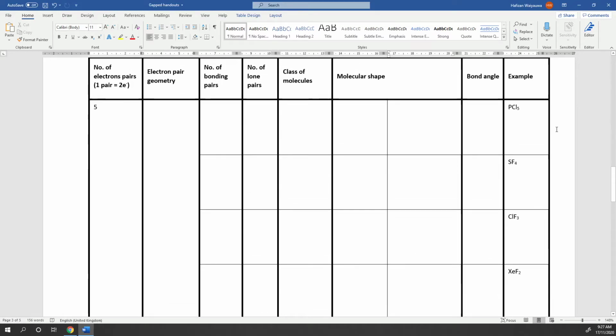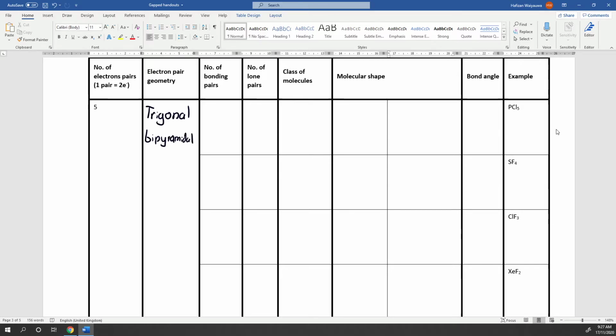So, kalau 5, okay, sekarang dah tak ada answer kan? Kalau 5, apa nama dia? Trigonal bipyramidal. Yes. Okay. For the nama, you guys have to hafal. Linear first, and then trigonal planar, and then tetrahedral, and then trigonal bipyramidal. Okay.